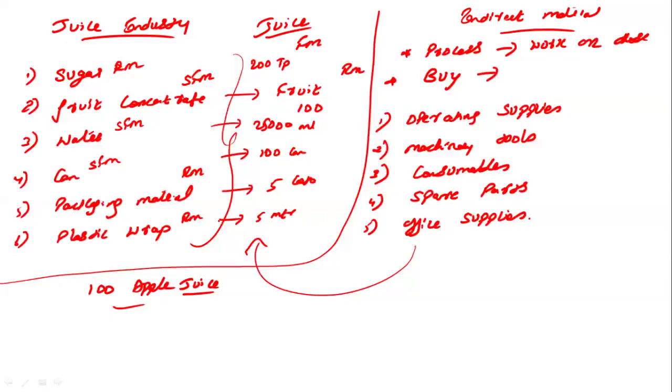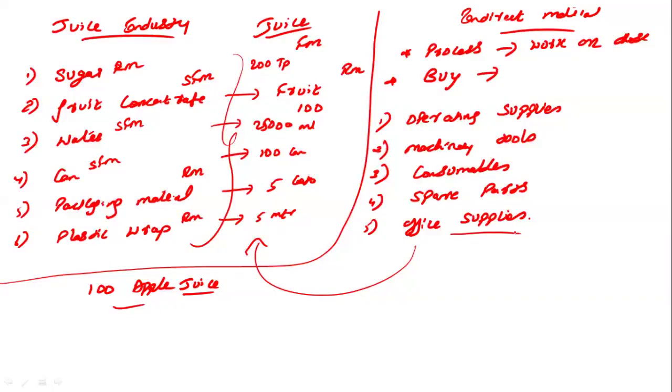But when you come to indirect material, for example, think about how many office supplies are required to manufacture 100 juice. We don't know how much office supplies is required. For example, to run a machine to get a juice manufactured, you need a juicer mixer. To run a mixer, you cannot plan how much electricity you need. Sometimes the electricity might be there, and you might also face a power cut. You need a backup.